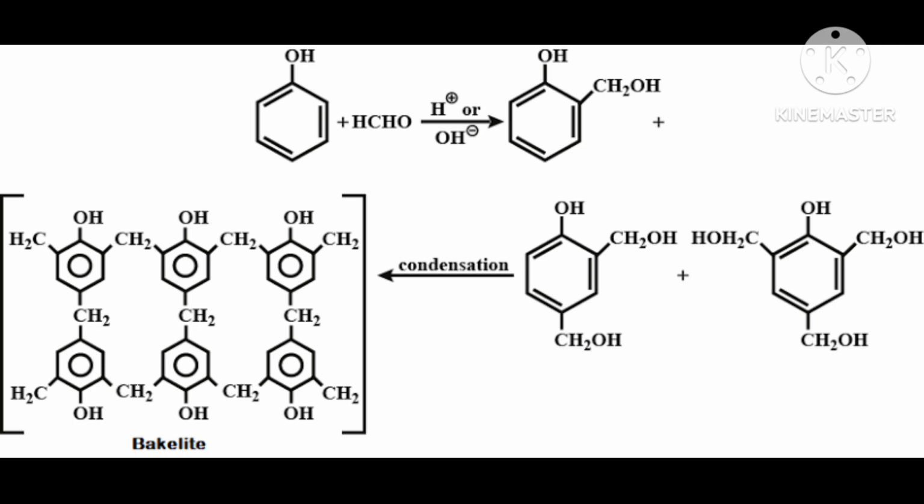And the CH2O carbon, which is positively charged, will join with the negative carbon. Because the C-H bond of benzene is broken and gone as H plus, the carbon became negative. And here in HCHO, the CHO is the aldehyde group.